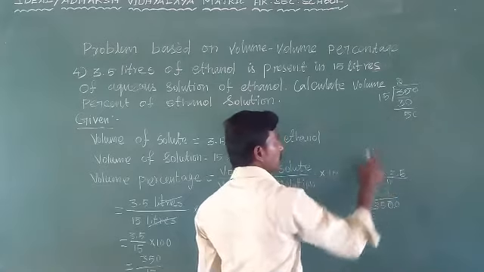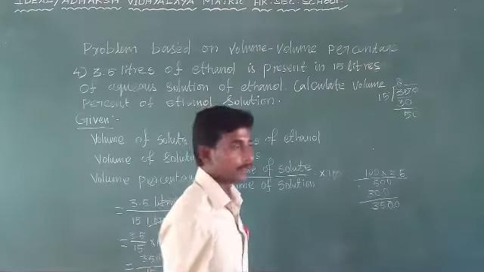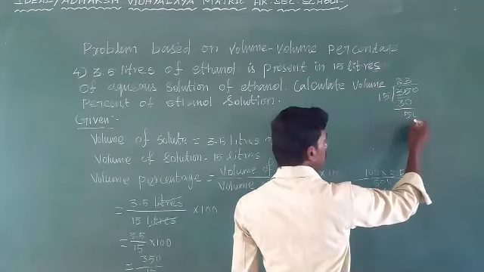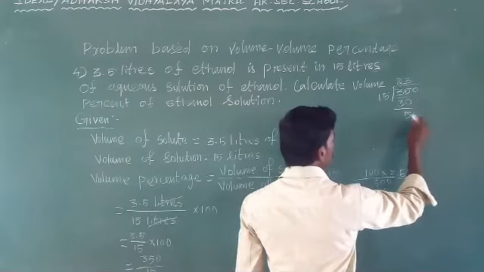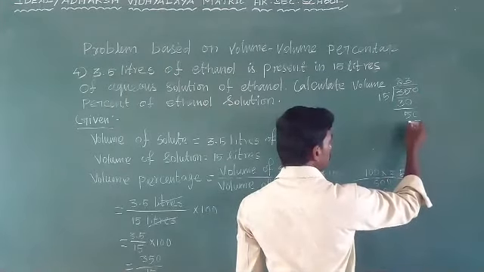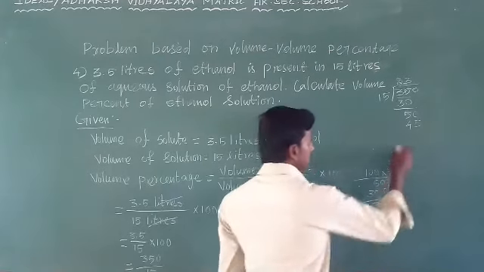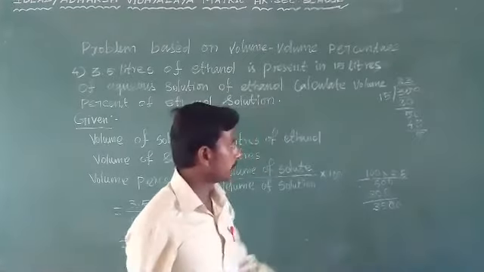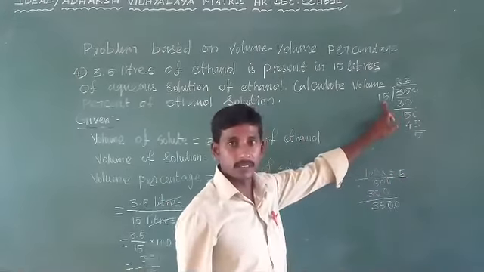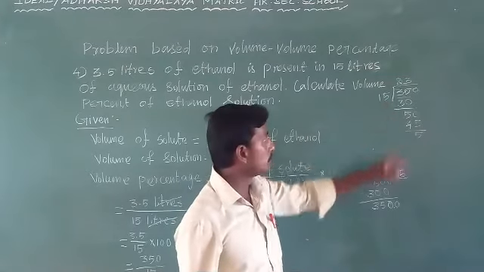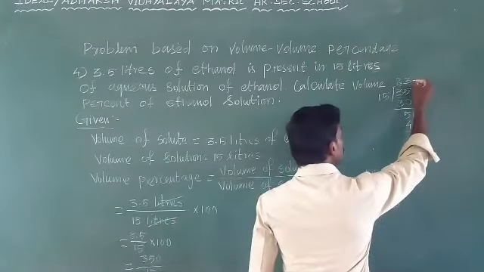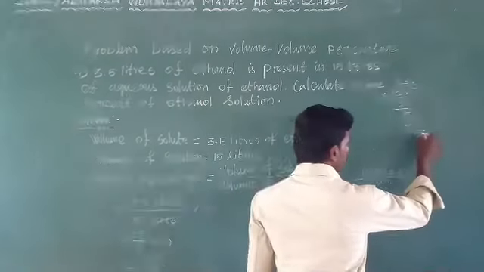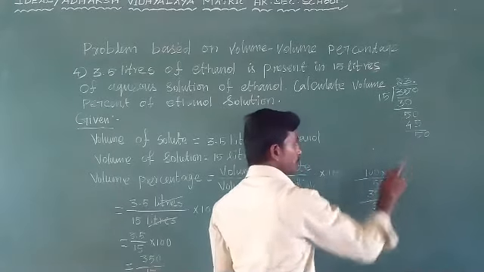In 50, three 15s are present. 3 into 15 is 45, remaining 5. This is smaller than 15, so let's add a 0 after the decimal point and we get 50.